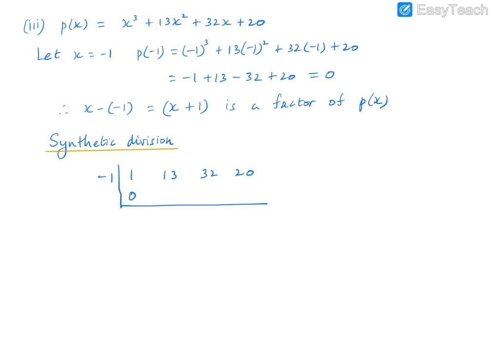So now the first step is to put a 0 below the first term and add them. 1 plus 0 is 1, and then 1 into minus 1 will be minus 1. 13 minus 1 is 12, and 12 into minus 1 is minus 12. 32 minus 12 is 20, and 20 into minus 1 is minus 20. And when we add these, we get 0.